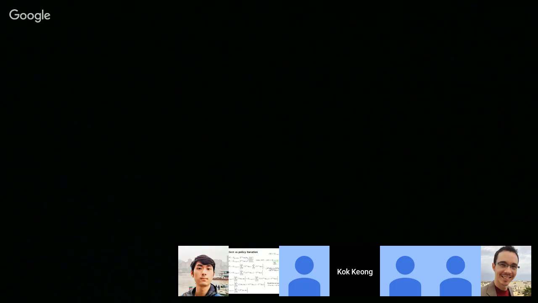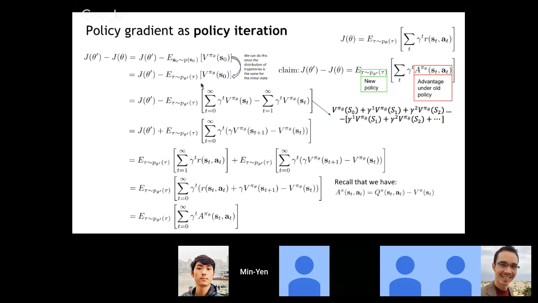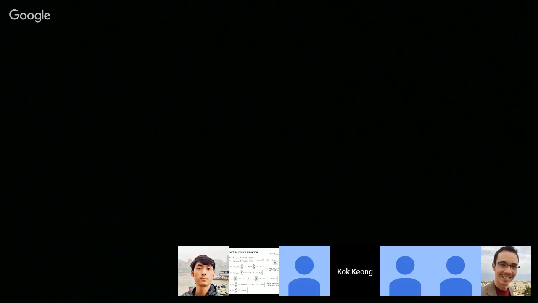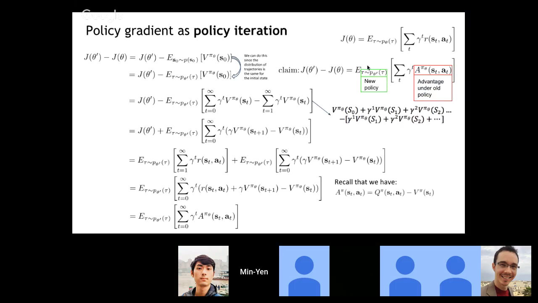And that's actually equivalent. It's proven in this set of equations, but what he's going to do is that by actually calculating this, we are doing the expectation under this new policy, but we're going to use the advantage of the old policy to evaluate the actions. Right? So everyone sort of understand this idea, right?